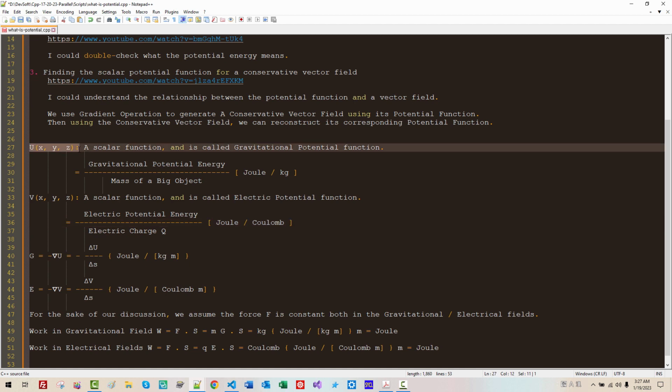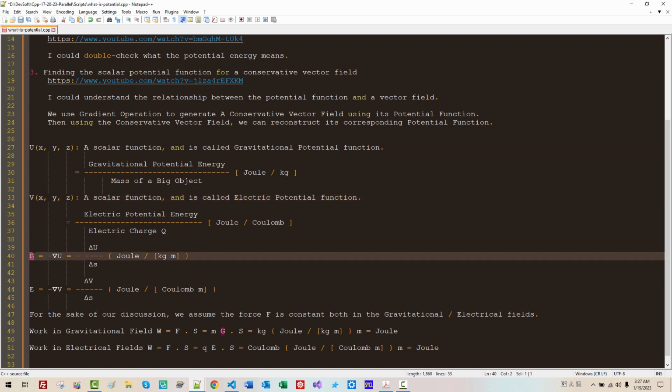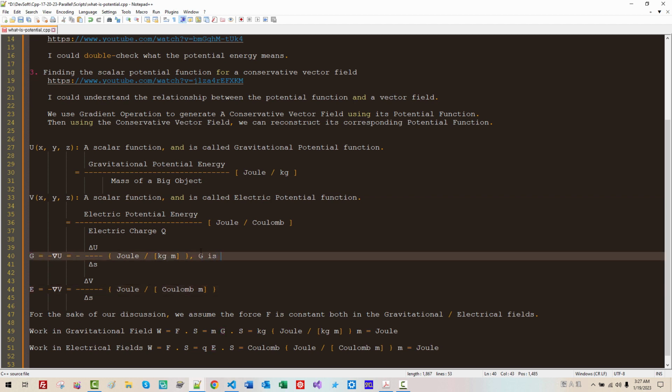Using the potential function, we generate the conservative fields G and E. G is the gravitational field. The gravitational field is Joule per kilogram meter, or we can say energy density.